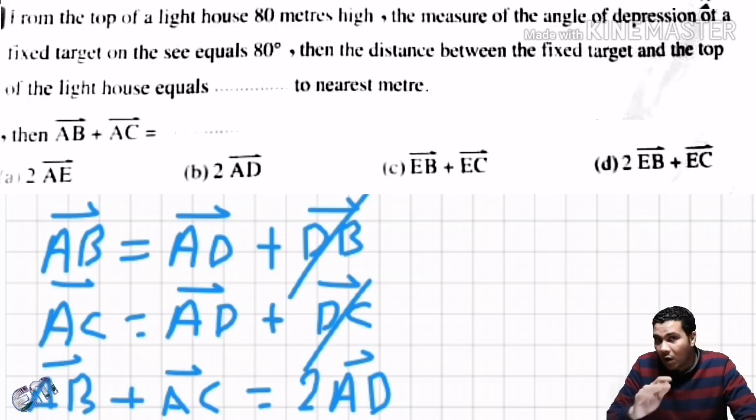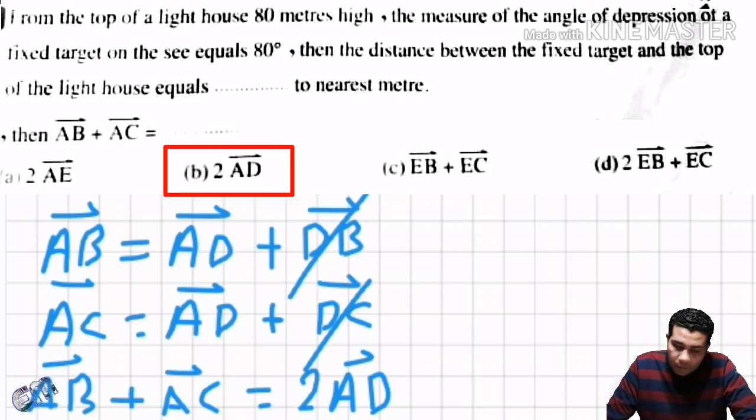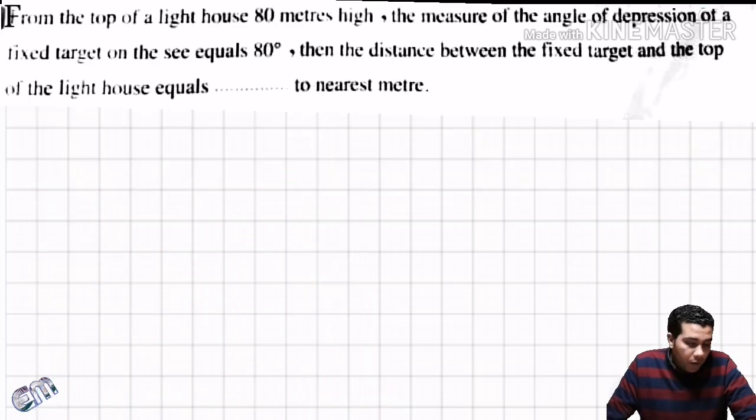Therefore, the two vectors cancel, then the result will be 2AD vector.